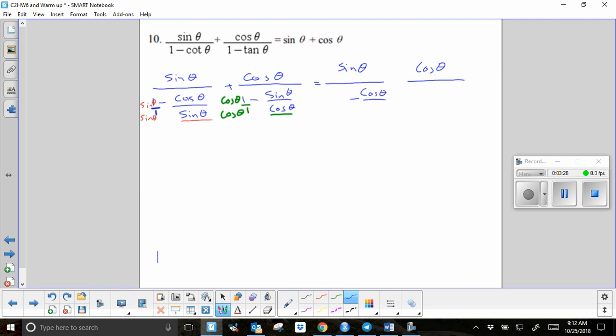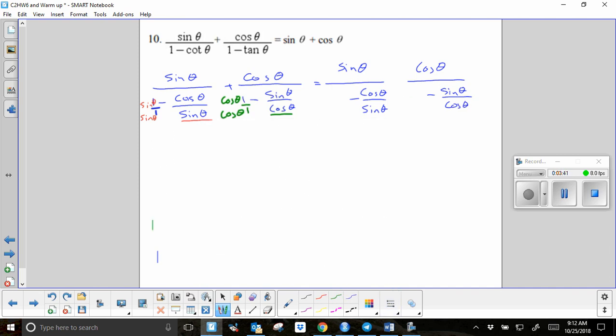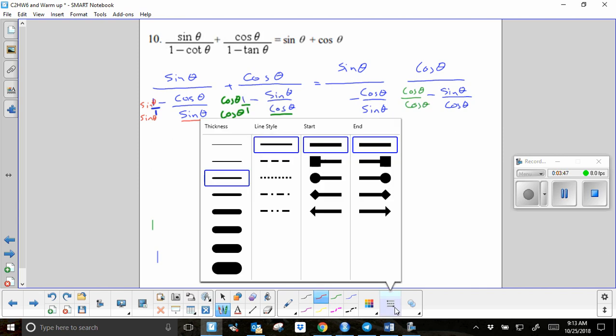This is what I had. I'm just copying, not doing anything really. And then I'm going to change my color, and I'm going to put my converted one right here. Same thing.